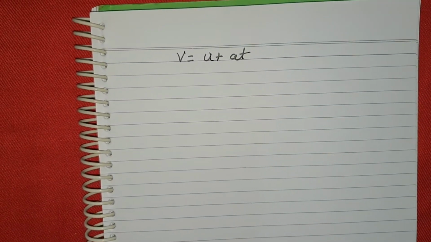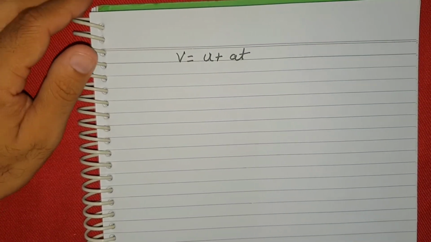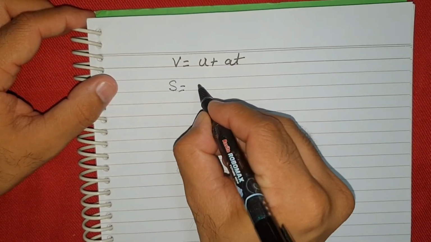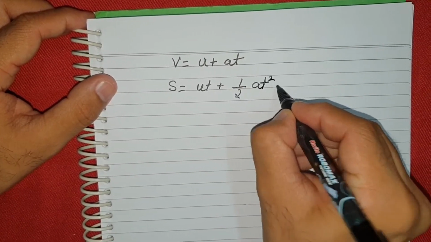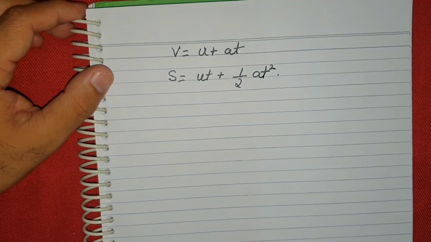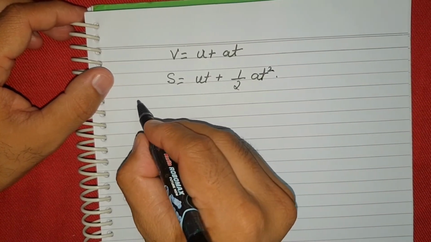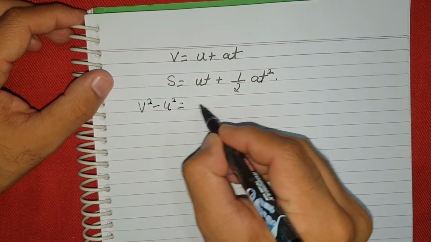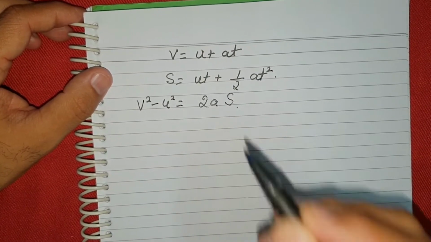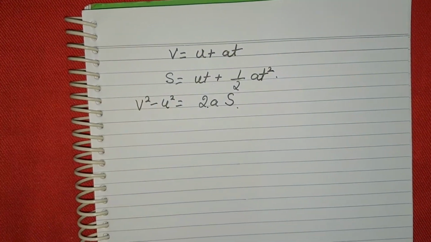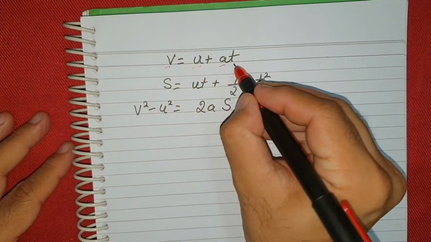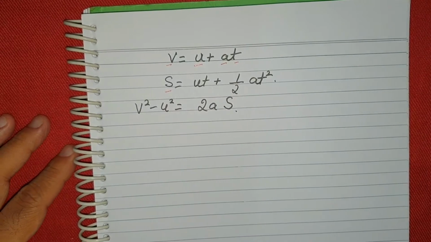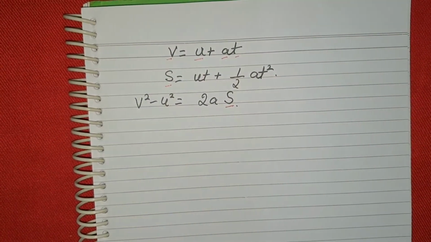The second equation of motion is s equals ut plus half at squared. The third equation of motion is v squared minus u squared equals 2as, where v is the final velocity, u is the initial velocity, a is acceleration, t is time, and s stands for displacement.